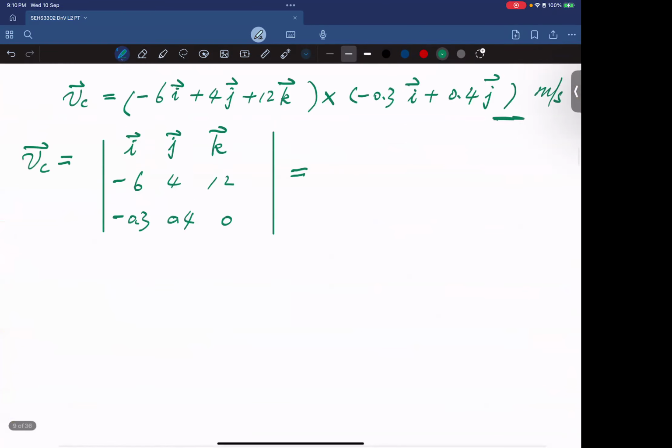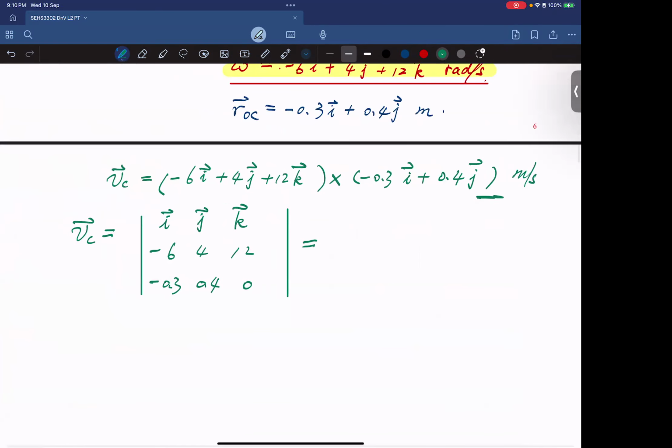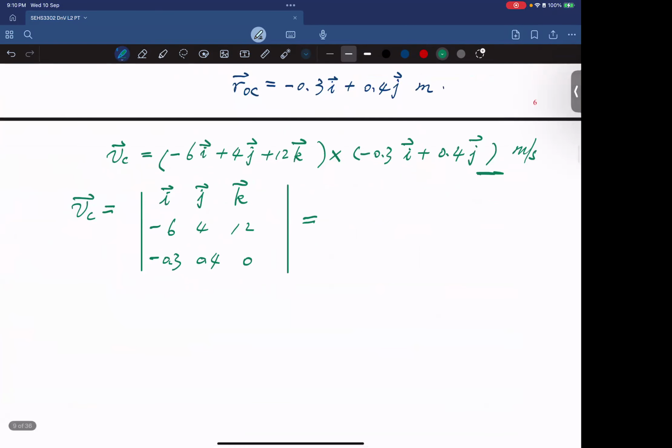Let's see how to use this formula. For the I component, you need to do the cross multiplication of the rest of the things.